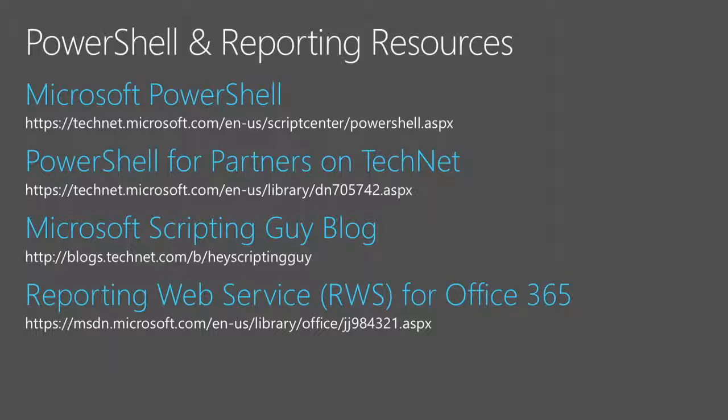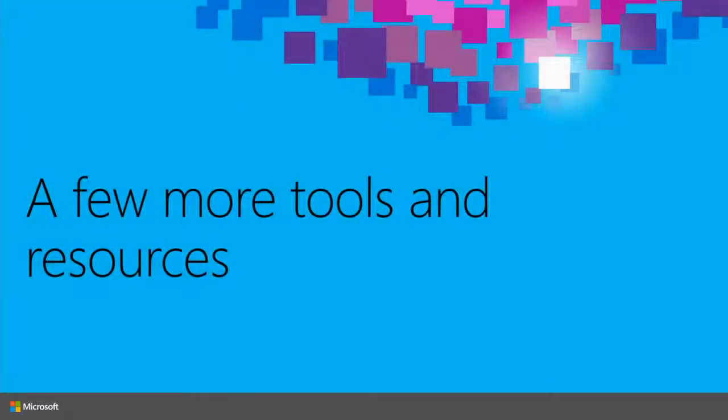I showed you two different reports, the mailbox statistics and the usage. There's a wealth of other reports out there. The reporting web services give you all of those reports, instructions on how to use them, and the right syntax and format to call them. So with that, Adam, I'll turn it back over to you.